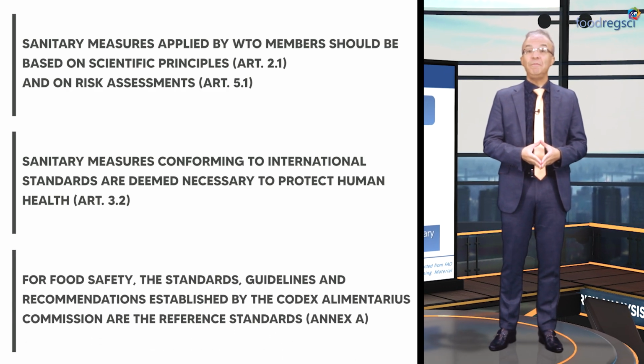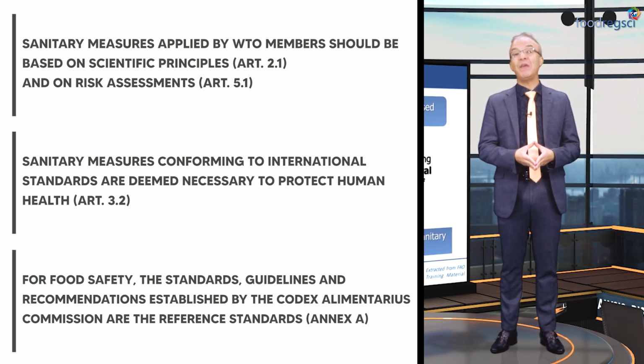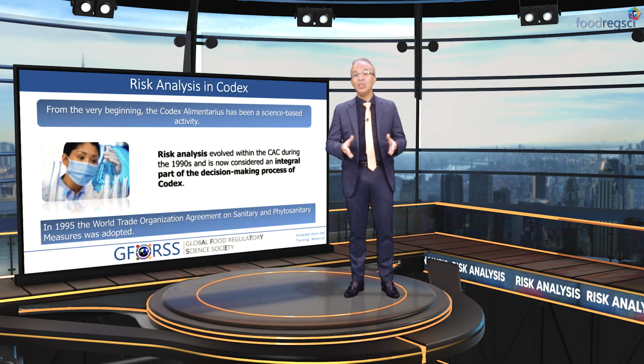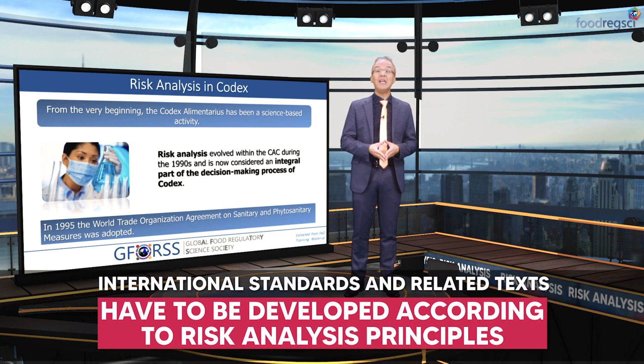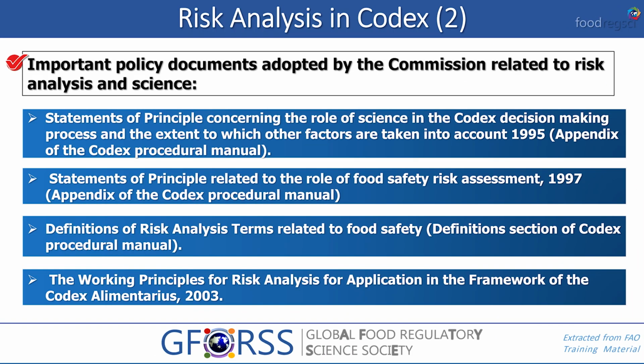For food safety, the standards, guidelines, and recommendations established by the Codex Alimentarius Commission are reference standards, and we find that in Annex A. The logical conclusion is that international standards and related texts have to be developed according to risk analysis principles.